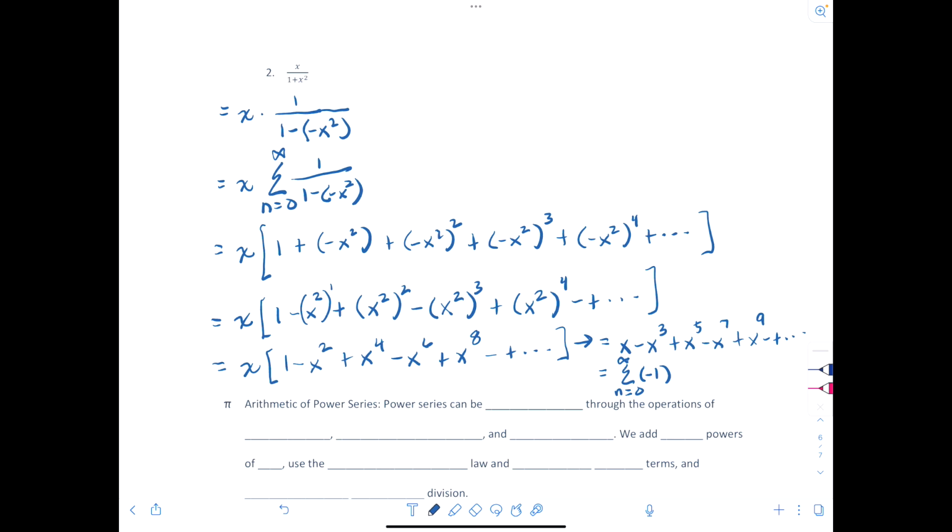Let's see, the first term is positive, right? So negative 1 would have to be to the n plus 1 if we start at 0 for the index of the summation. And then the power of x has to be odd. So x will be to the 2n plus 1. Groovy? All right. So there's our result.